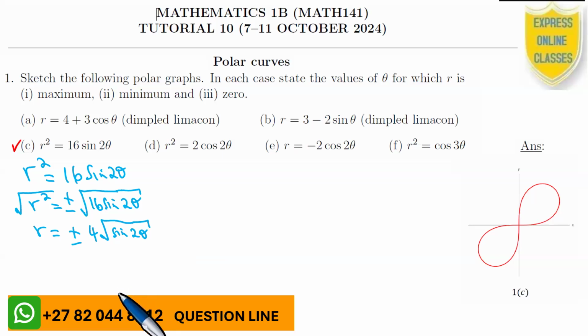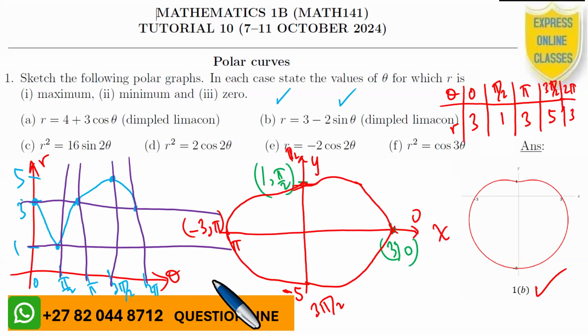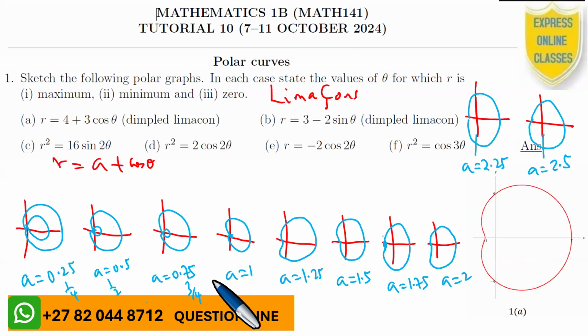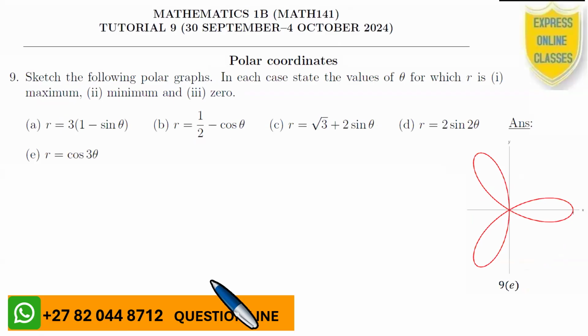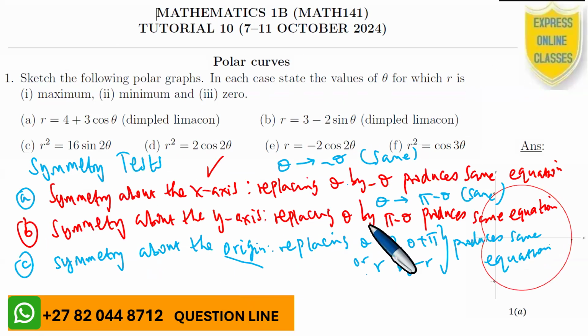We think about this. If we replace theta by negative theta, we look at the symmetries. We do the symmetry tests. These are the symmetry tests we wrote here. If we replace theta by negative theta and the graph remains the same, it is symmetric about the x-axis.